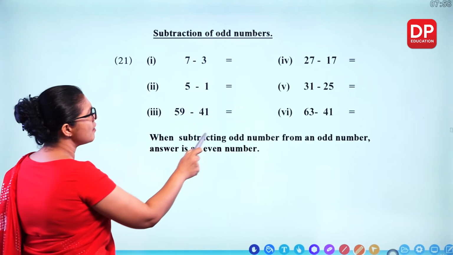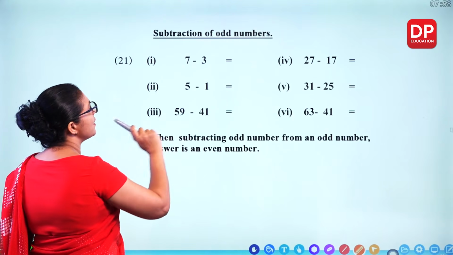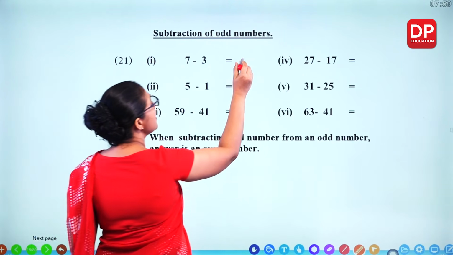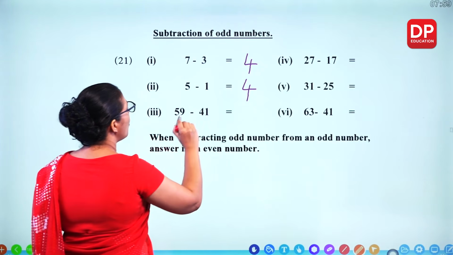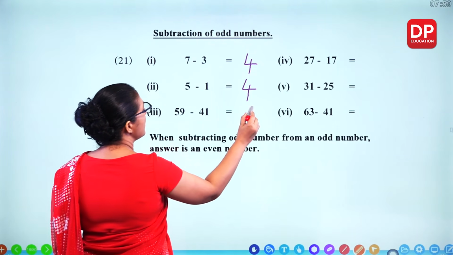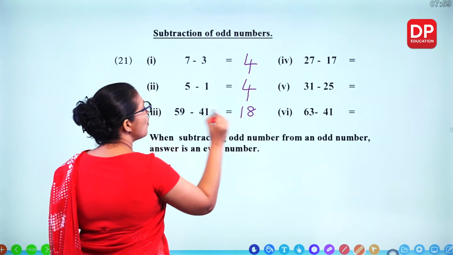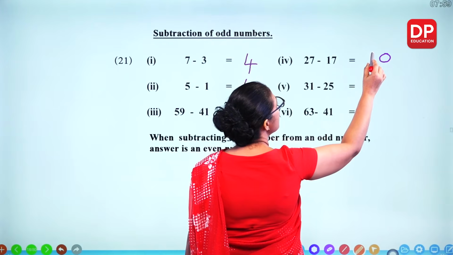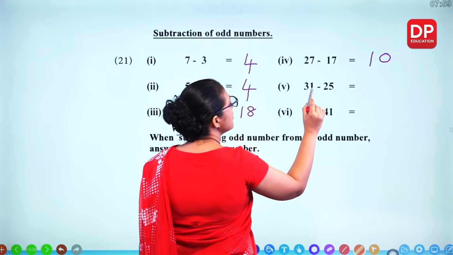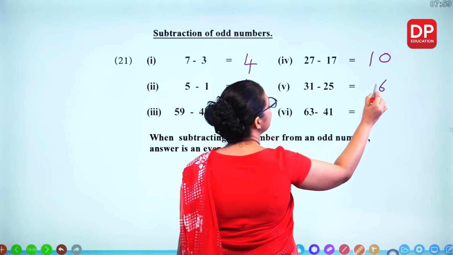When subtracting odd numbers from an odd number, 7 minus 3, you get 4. 5 minus 1, 4. This one, 9 minus 1, 8. 5 minus 4, 1. 7 minus 1, 7. 0. 2 minus 1, 1. This one, 6.